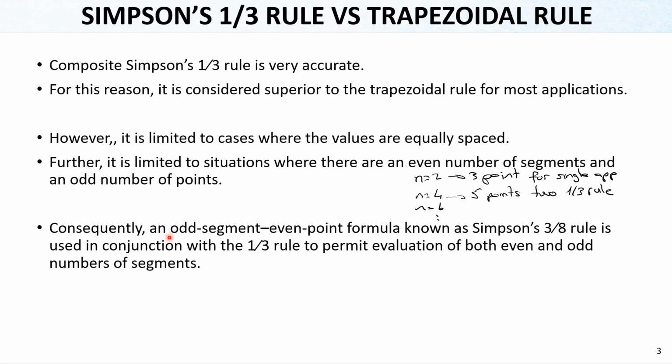That's why we have odd segments for it, and we use it in conjunction with the 1/3 rule to permit evaluation of both even and odd numbers of segments. We can use them together. So for parts which have even segments, we use Simpson's 1/3 rule. For the segments which have odd numbers, 3, 5, we use Simpson's 3/8 rule.